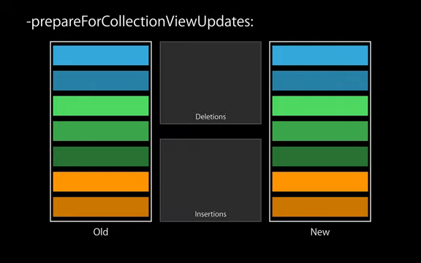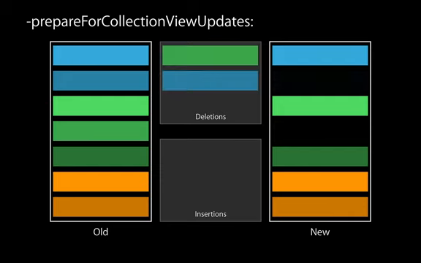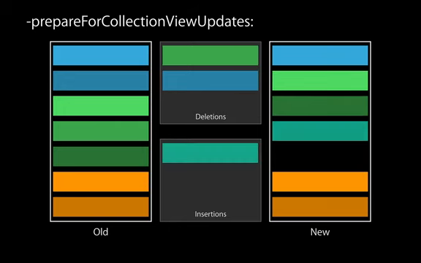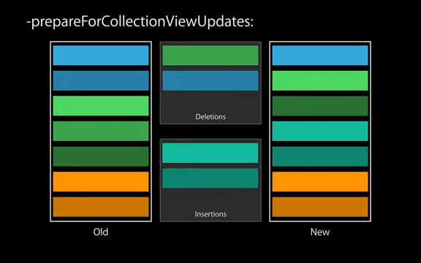Then, in prepare for collection view updates, I create a lookup table for deletions, insertions, and everything that was reloaded. And I run through the array of updates, and all the deletions get tracked, and all the insertions also get tracked. So now I know everything that's going on in my layout.